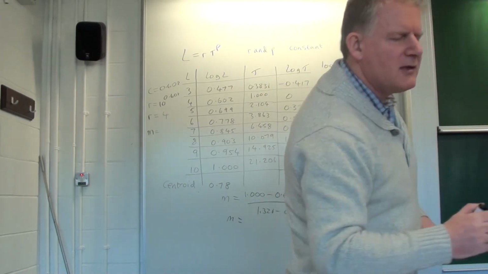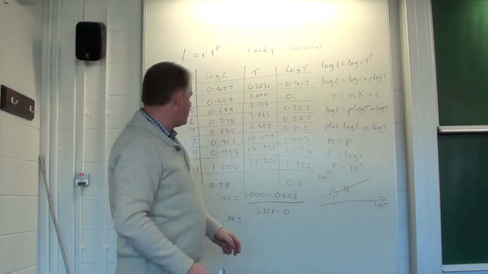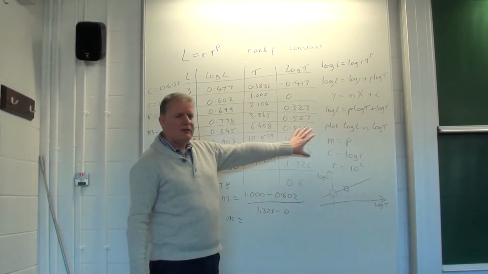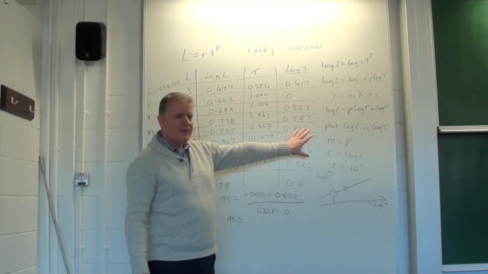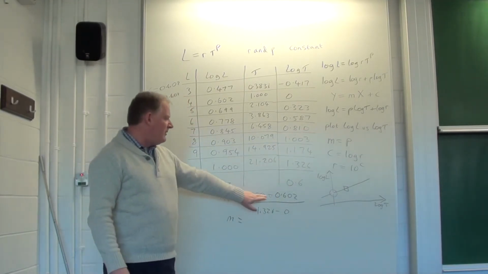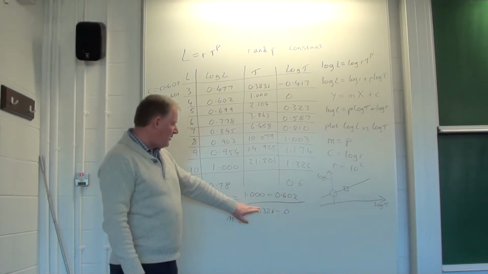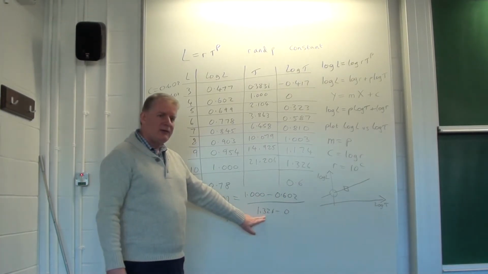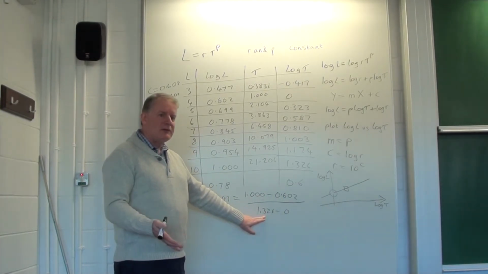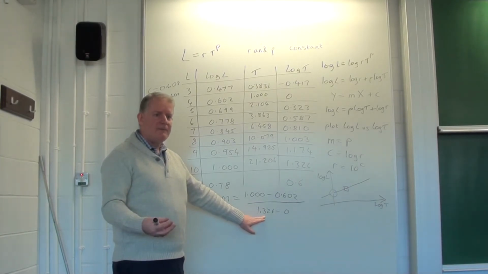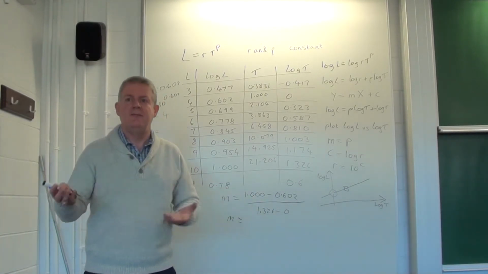So what numbers have you actually typed into your calculator? It's the log L and log T values we're using. 1 minus 0.6 is 0.4. 0.4 divided by 1.3, that's 4 over 13, or 1 over 3, 0.33 roughly.